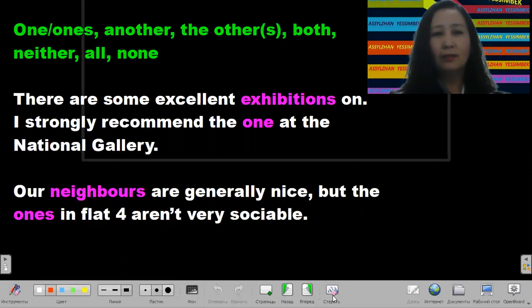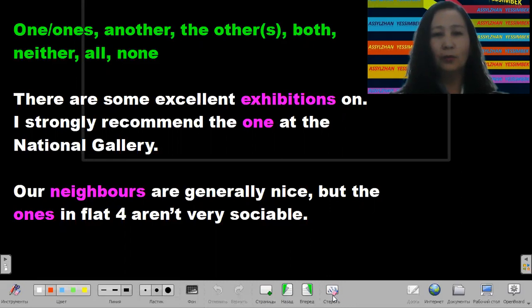Using one, ones, another, the other or others, both, neither, all, none. As we know, one is used for singular form and ones for plural form. For example, there are some excellent exhibitions on. I strongly recommend the one at the National Gallery.